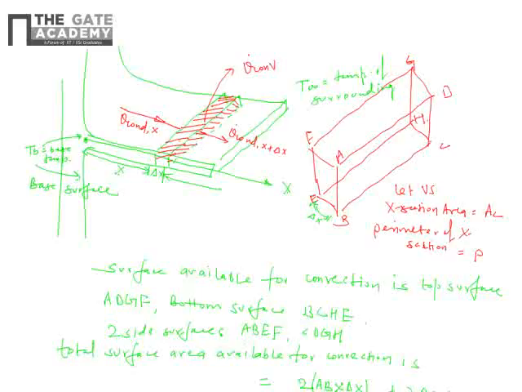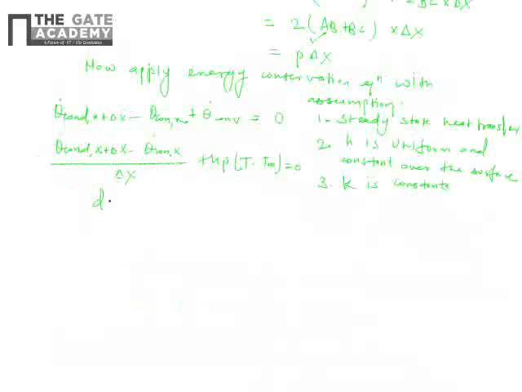Now if we take the limit, we will get dQ dot upon dx plus hP (T minus T infinity) is equal to 0.